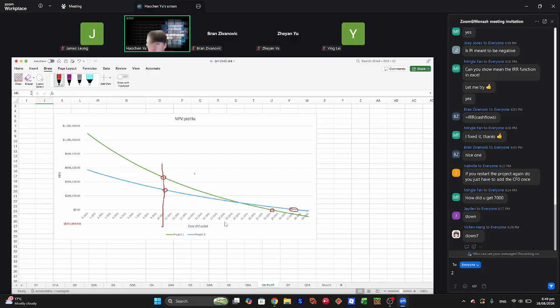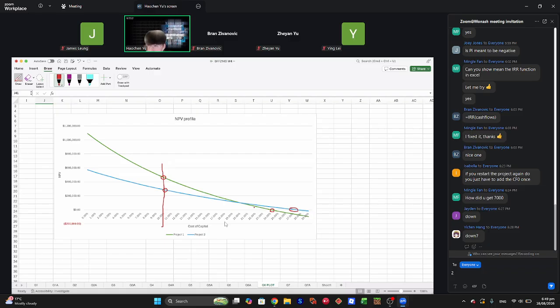Based on the NPV profile, project 1 has a higher NPV compared to project 2. And this is the inconsistent part. Based on NPV, we choose project 1. Based on IRR, we choose project 2.